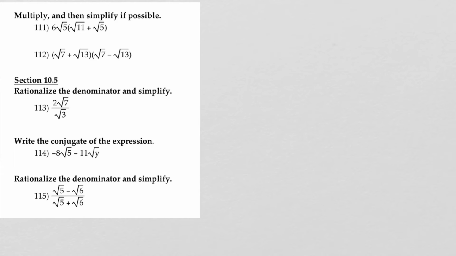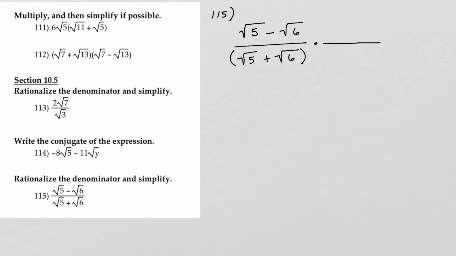All right. And then let's take a look at 115. Here we want to rationalize the denominator. I have square root of 5 minus the square root of 6 over square root of 5 plus the square root of 6. So my denominator is square root of 5 plus the square root of 6. I multiply by the conjugate of the denominator because it said to rationalize the denominator.